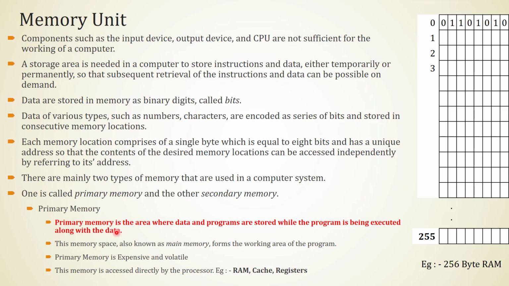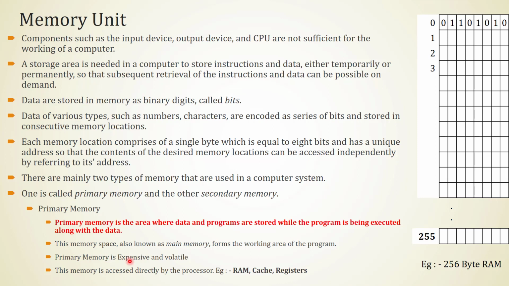At that time, what will we do? We will run. That means we are executing that instruction. Similarly, the computer will execute some instructions. This memory space, also known as main memory, forms the working area of the program. So always remember, when a program is executed, or when a group of instructions is executed, both the data and program will be in primary memory.